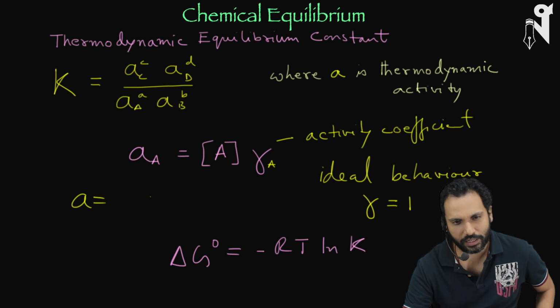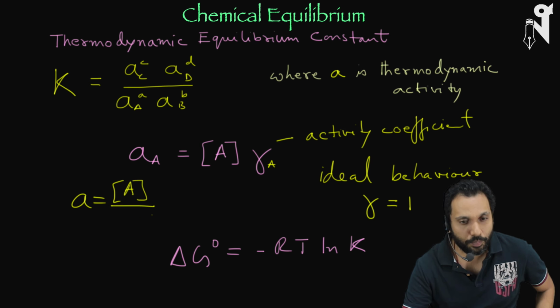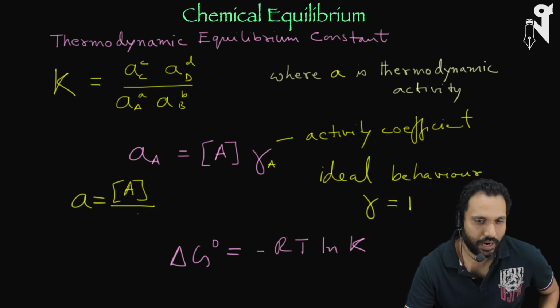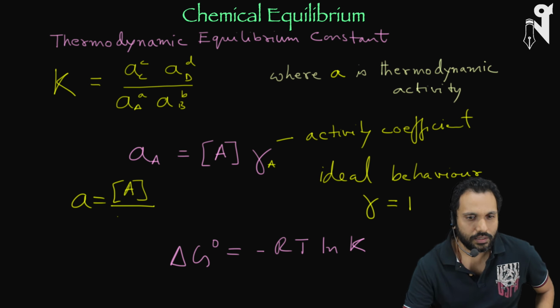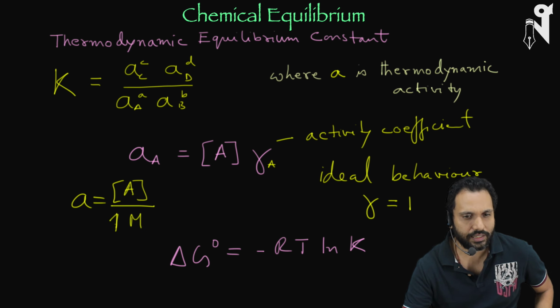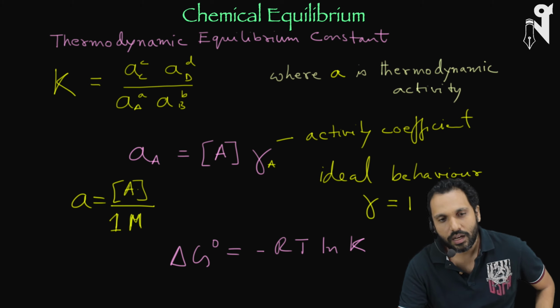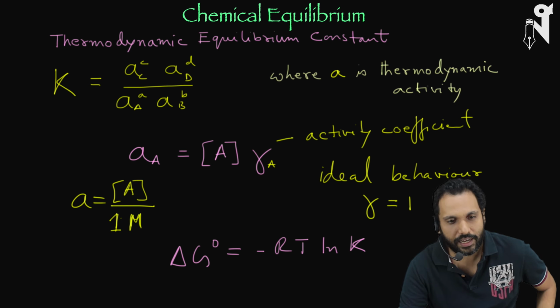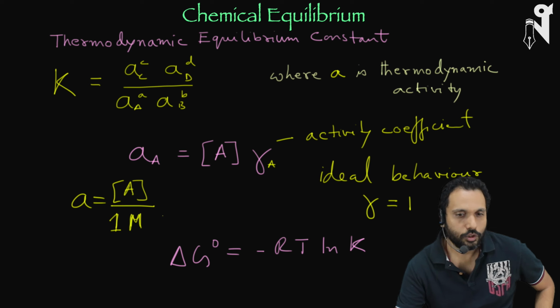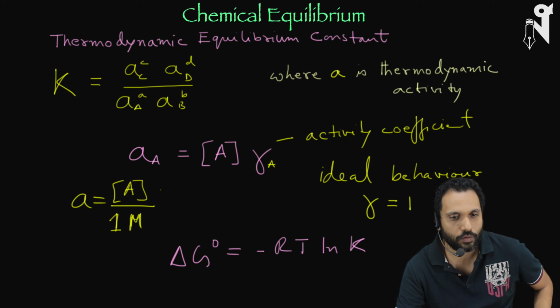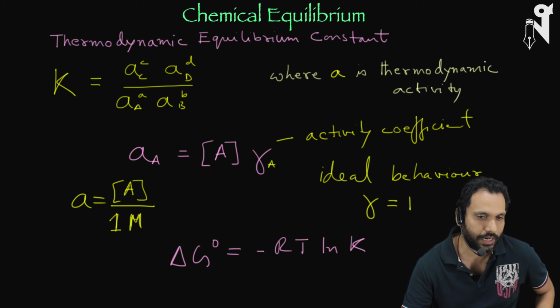Let me put it in this way also. If I report the activity of A, it would be the concentration of A compared to its ideal activity. If I take the ideal activity at 1 molar, for convenience, then if your concentration is more than 1 molar, it has so much more activity, and if it is less than 1 molar, it has so much less activity.